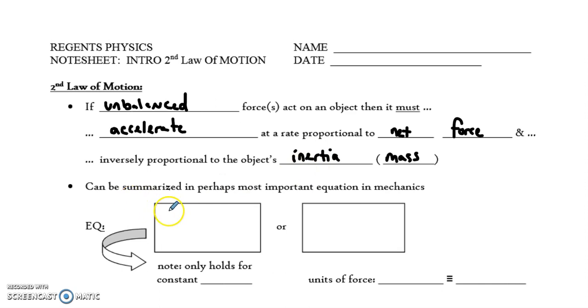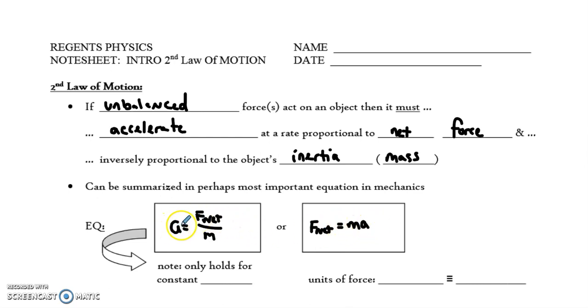All right, so it can be summarized into the most important equation in all of mechanics, which is the acceleration is equal to the F net over the mass. And I like this way, although it ends up being a little bit easier to solve problems, often when we solve problems, we write it as, and in most textbooks you'll find it as, F net equals ma.